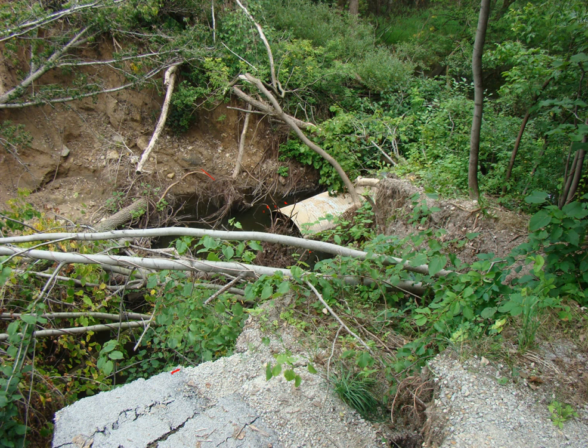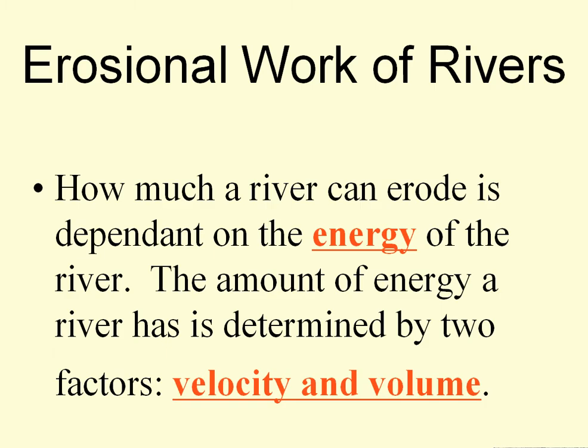Within a day or two, this entire road was taken out by running water. So you can see running water can play a huge role in the movement of sediments, in other words, in the erosion of sediments. It can move a lot of material, and it can move it very fast.